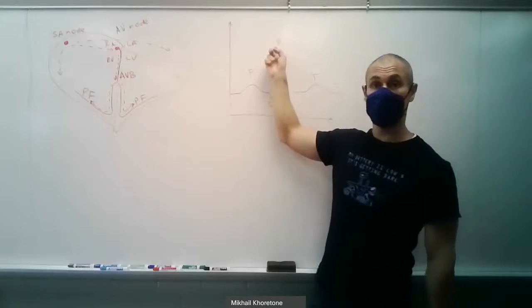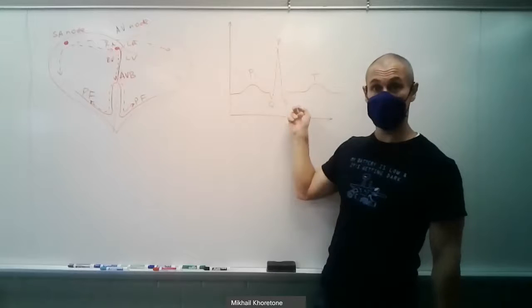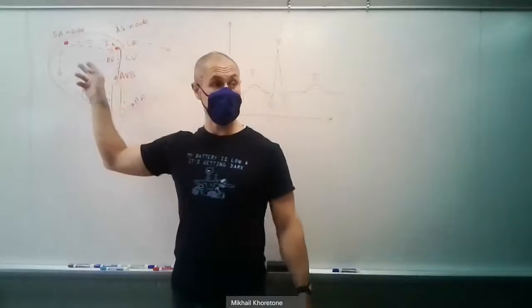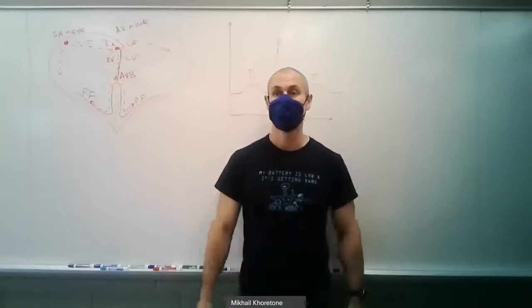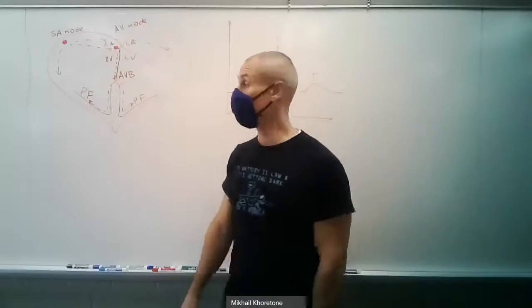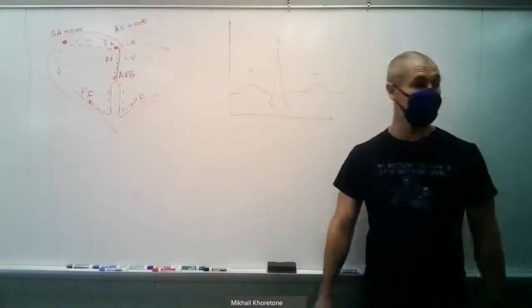Q, R, S, and T. Does that make sense? You're going to have atrial depolarization, and that's it. That makes sense? So this is called second degree AV block.